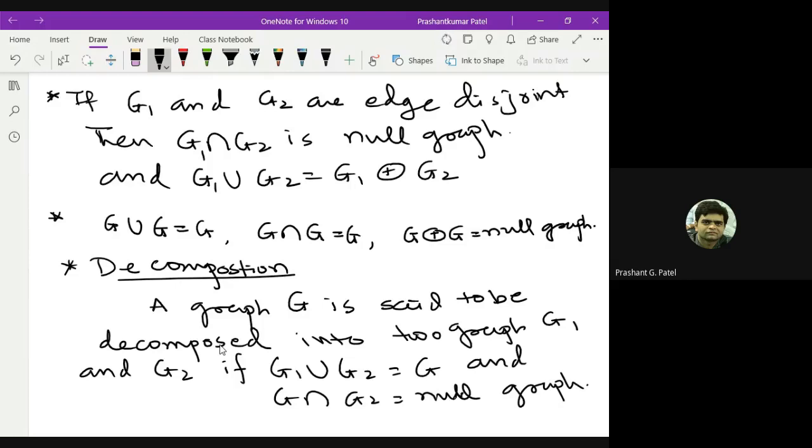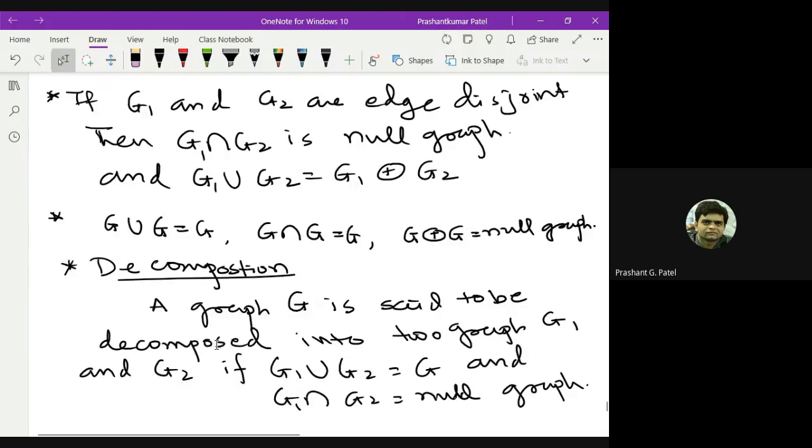Okay, so any graph can be decomposed into two graphs if it is satisfying this. Union will be the whole graph and the intersection will be a null graph.